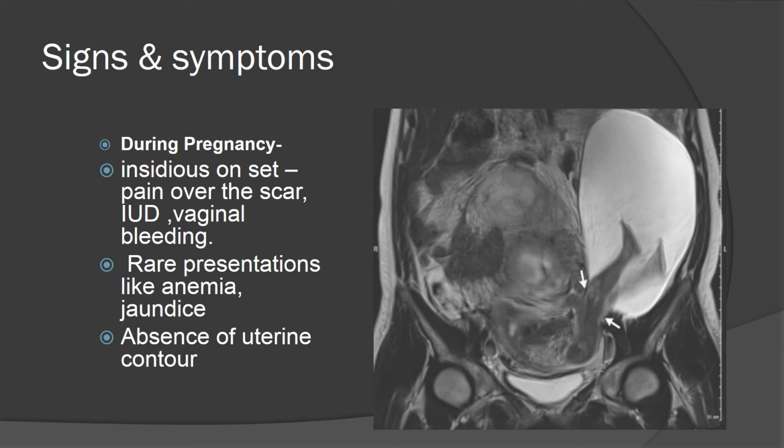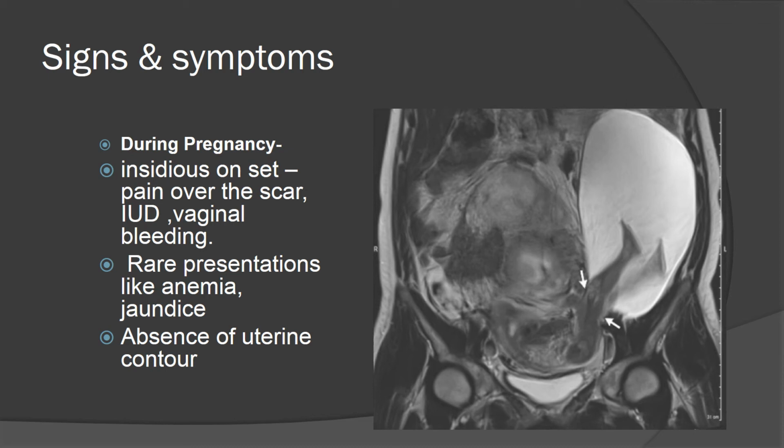When a rupture occurs during pregnancy, especially in a scarred uterus, the signs and symptoms may not be as dramatic as those during labor, because it may be a gradual or slow rupture. The patient may complain of pain over the scar. She may present with intrauterine demise or recurrent vaginal bleeding.